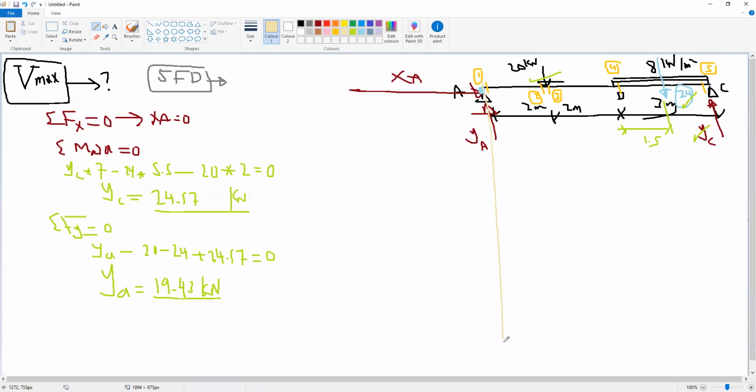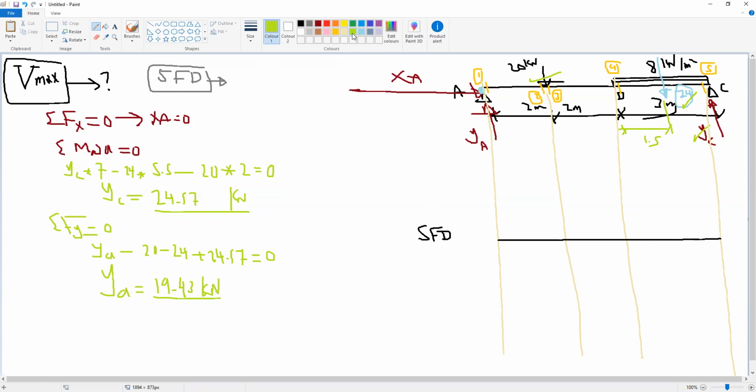These are our guidelines, and this is our datum to draw the shear force diagram. So we will draw the shear force diagram over this datum.